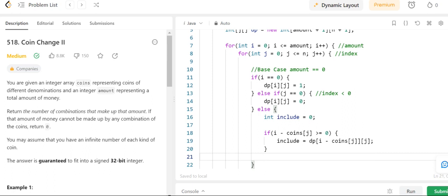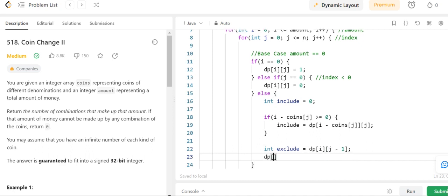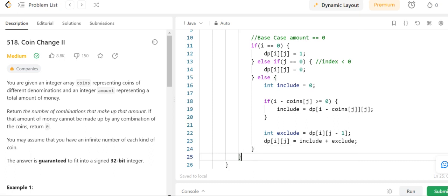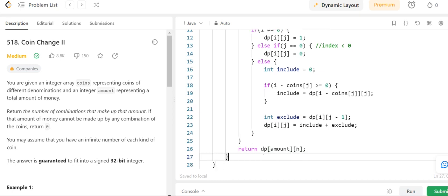Else, if that amount minus coins of index is less than 0, then our include will be 0. And exclude is equal to dp of, we are not changing the amount, we are decrementing the index. And then dp of i, j is equal to include plus exclude, and outside both the for loops we're going to return dp of amount and n, which is the index.